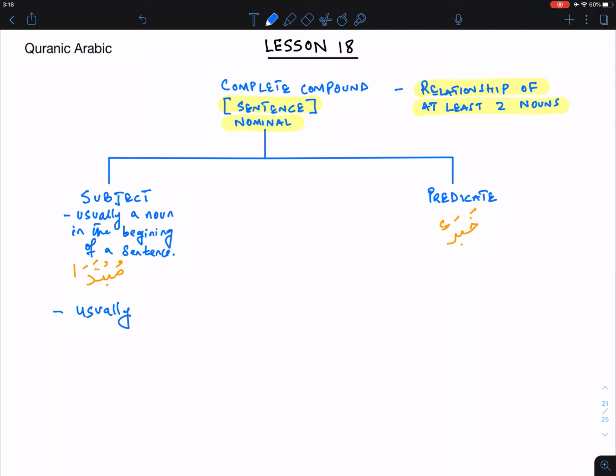Well, that's how language works. There are exceptions, okay? So we focus on, if you understand 90% of the application, at least we will grasp 90% of the rules in the language, and the 10% of the exceptions we'll just have to learn and memorize and learn through experience. So usually a definite noun.